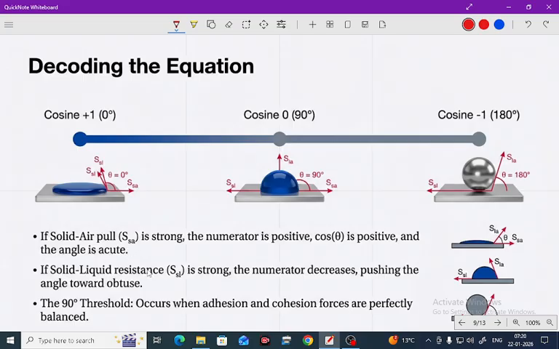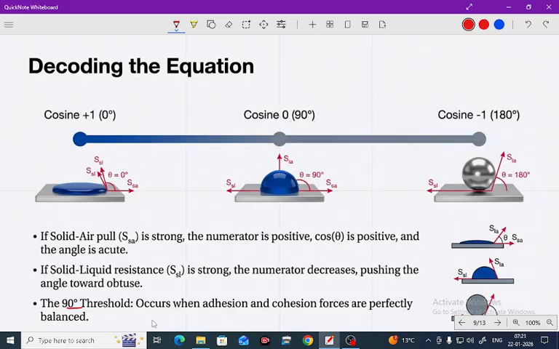If solid liquid resistance is strong, the numerator decreases, pushing the angle toward obtuse. The 90 degree threshold occurs when adhesion and cohesion forces are perfectly balanced, when they are equal.